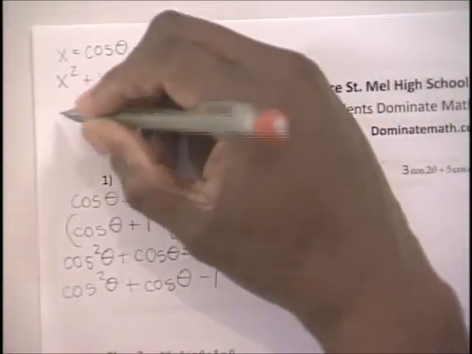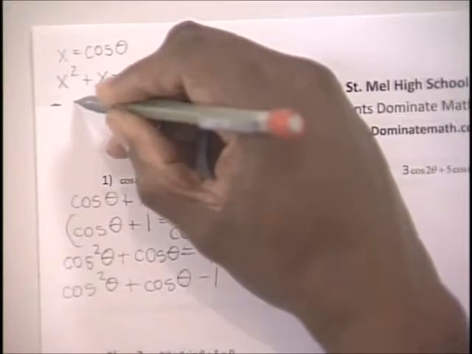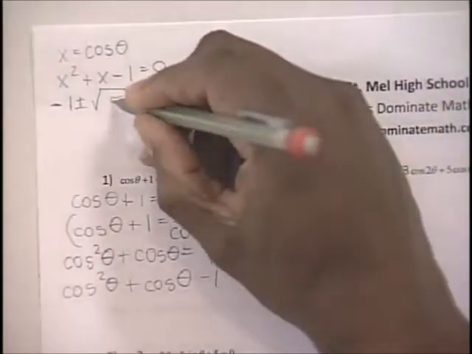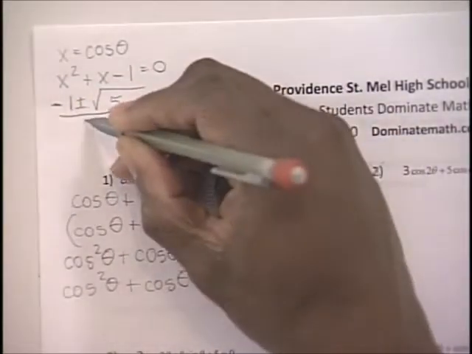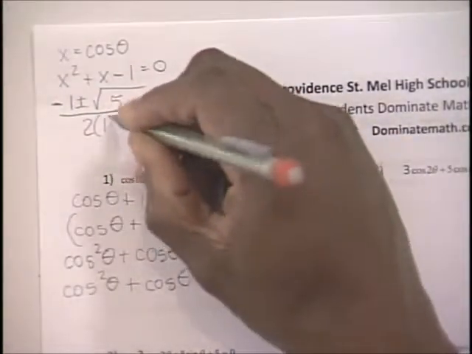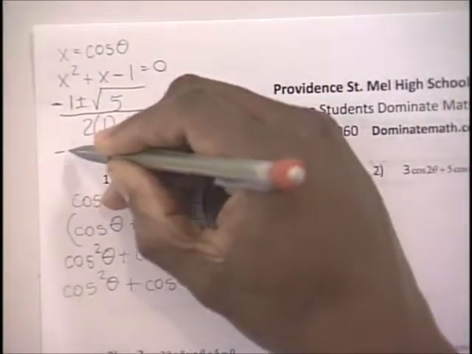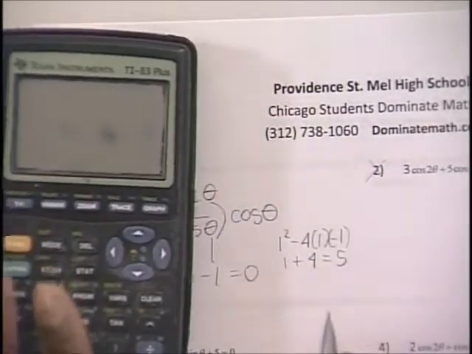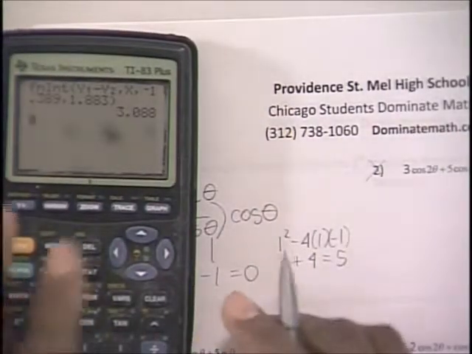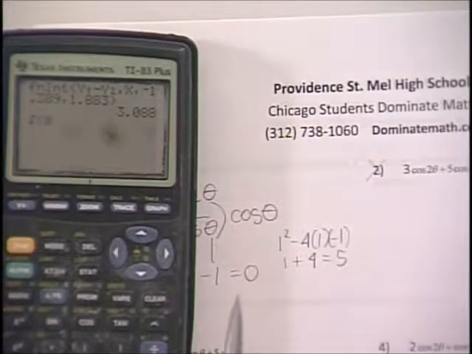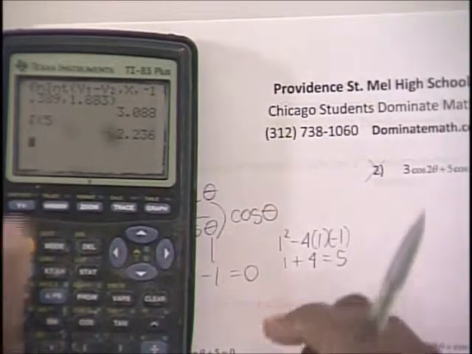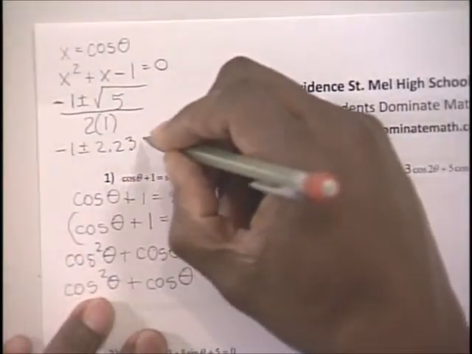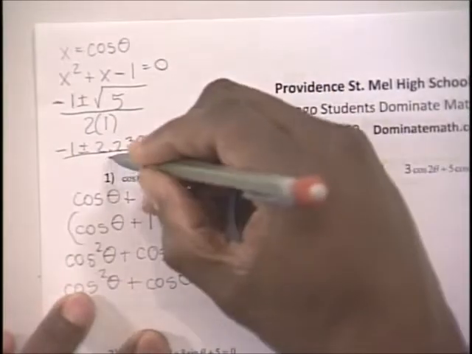The way we're going to solve this is negative b, or negative 1, plus or minus the square root of the discriminant, which was 5, all over 2 times a, or 2 times 1. So you end up with negative 1 plus or minus the square root of 5. The square root of 5 is 2.236.